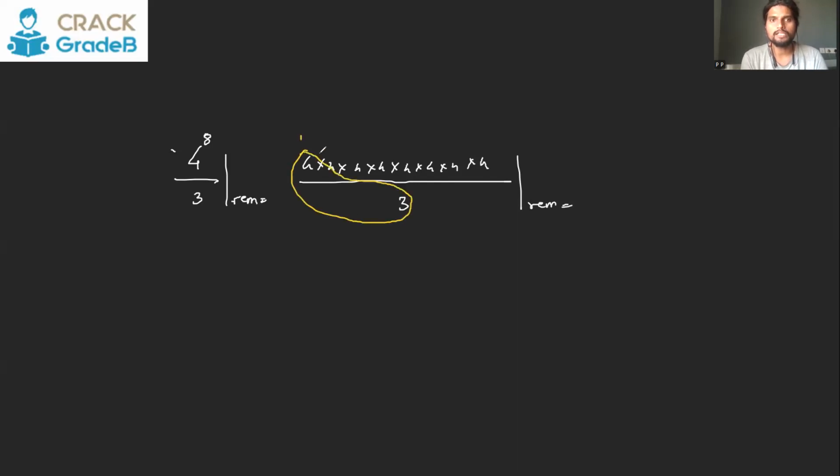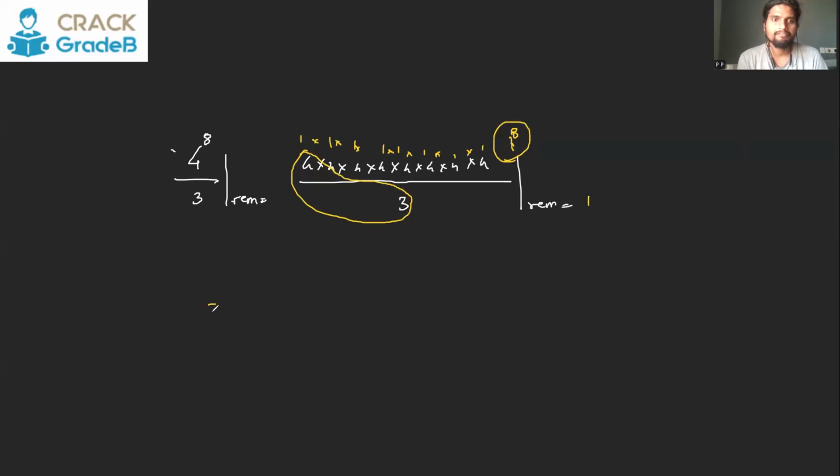This individual remainder is 1. This will also be 1, and so on for all eight. And there is a sign of product in between them. So 1 into 1 into 1, 8 times, and hence 1 raised to the power 8 will be the remainder, and 1 raised to the power 8 is 1. So the answer here is going to be 1.